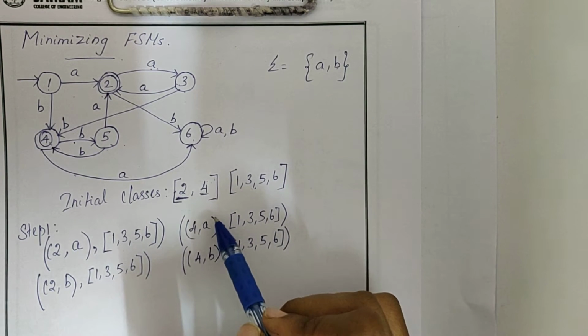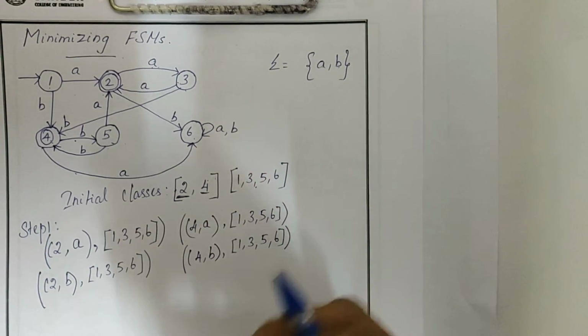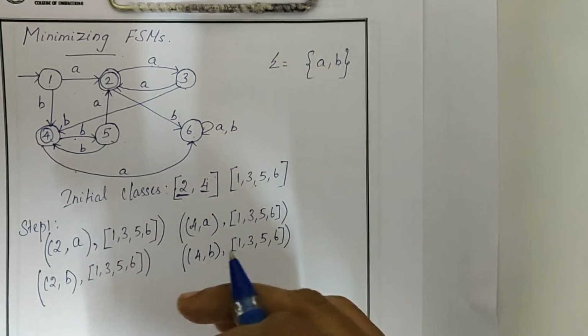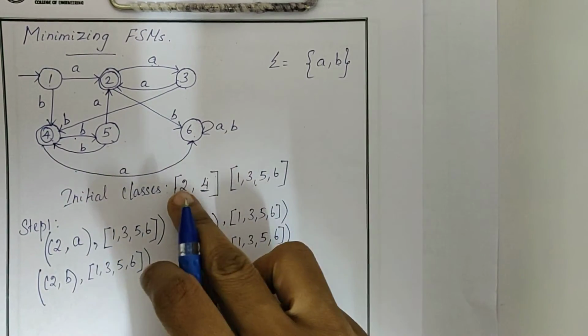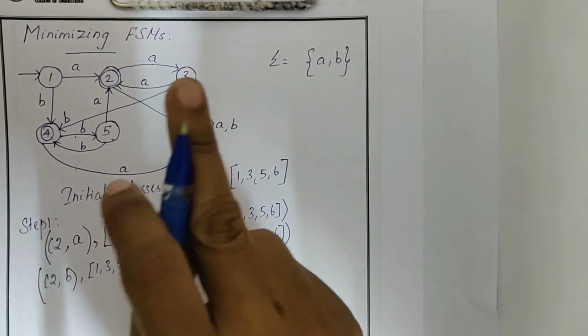Equivalent class means it is equal; no need to write it separately. I can write it together. Instead of writing 2 and 4 as separate classes, I can write a single class.